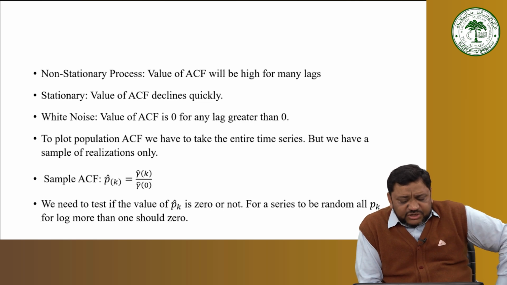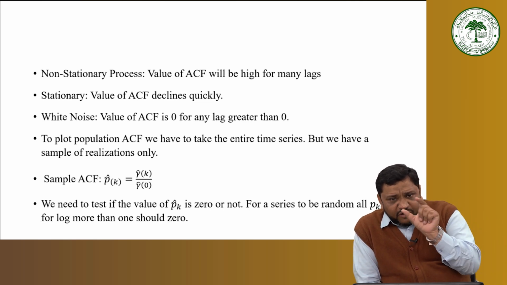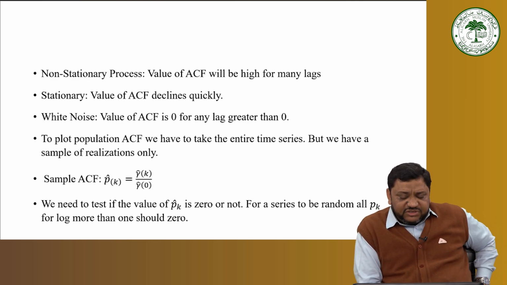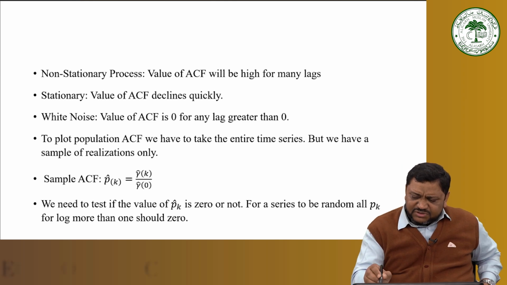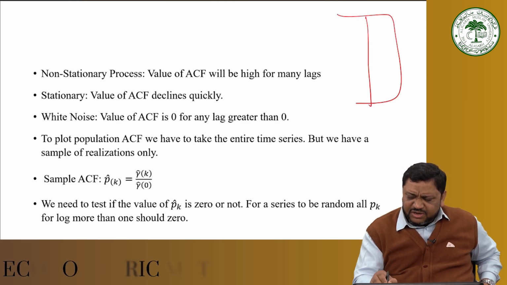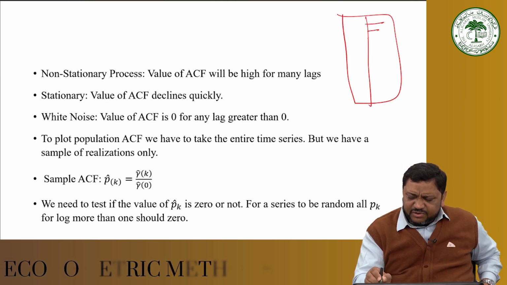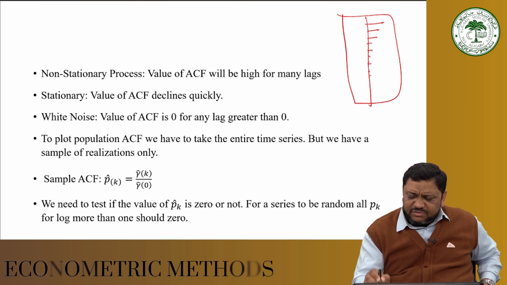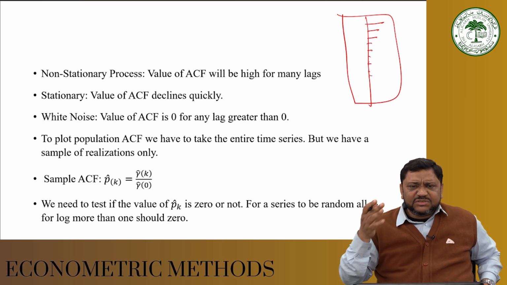Now, for a non-stationary process, the values of the autocorrelation function which we have just seen will be very high for many lags. If you recall a picture, it will be something like this. It is declining, but still very high.